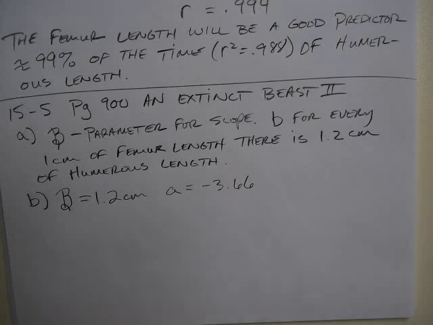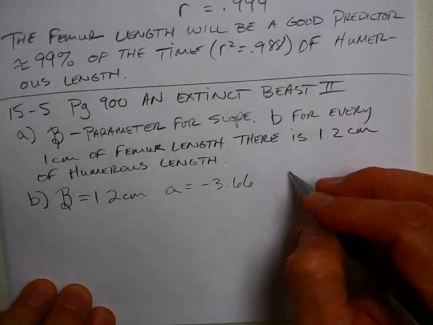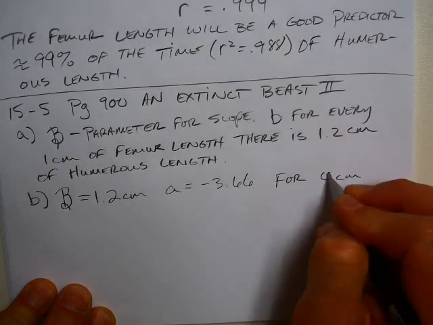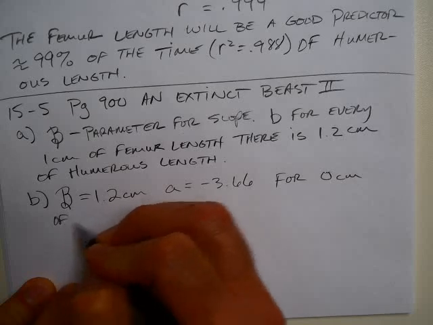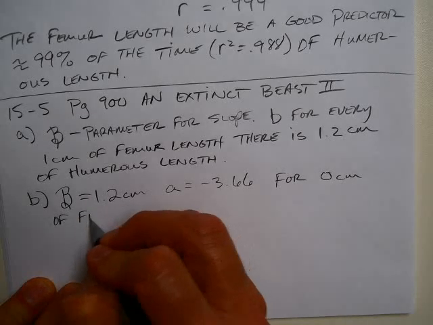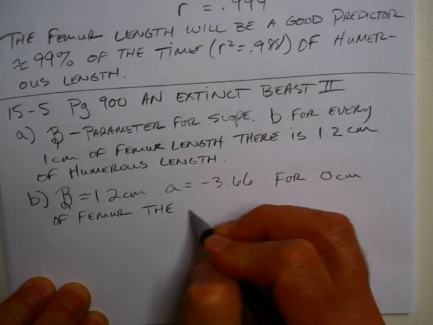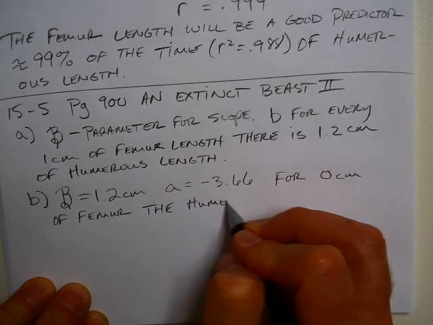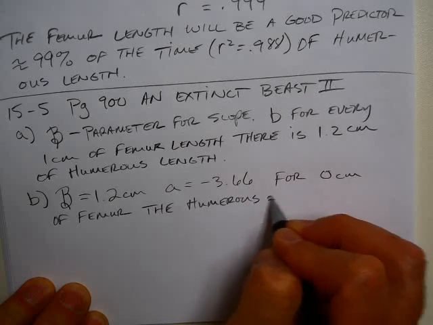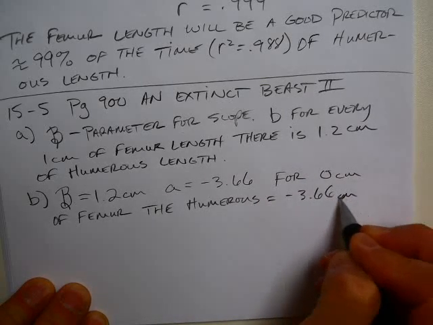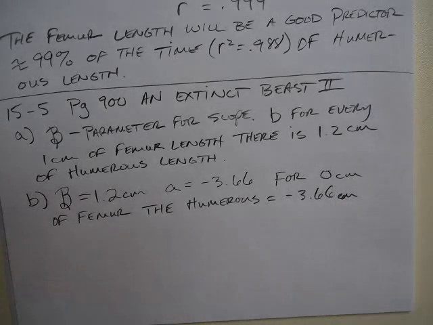So when we have 0 centimeters of femur length, the humerus equals negative 3.66 centimeters. That's what the y-intercept says. Does that make sense?